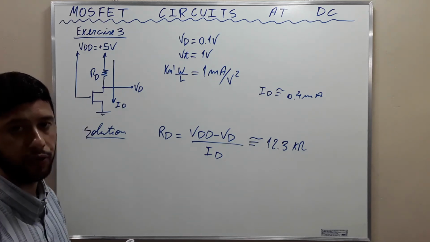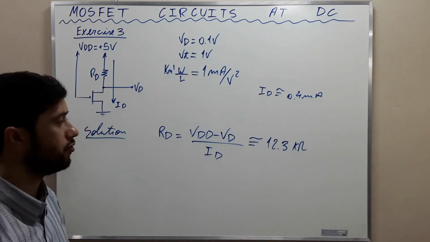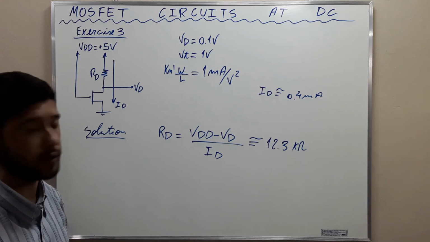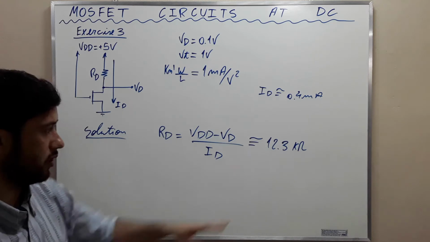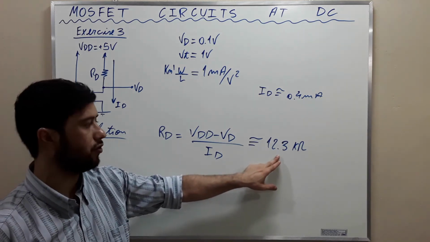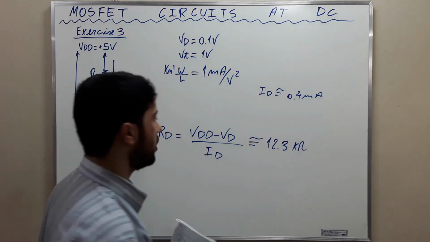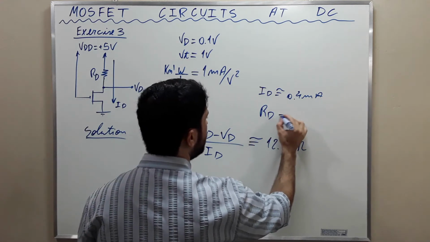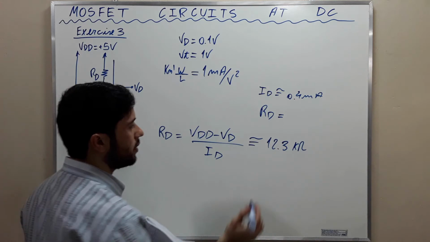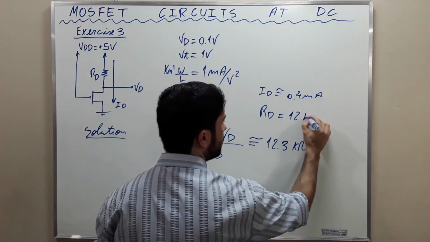Because you're going to need to put up with the values of resistors that are available in the market. And since you're not going to find a resistor like this, you can choose RD to be equal to 12 kilo ohms, which is going to be available in the market.